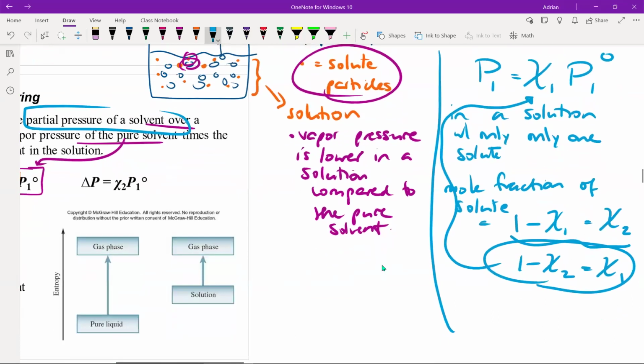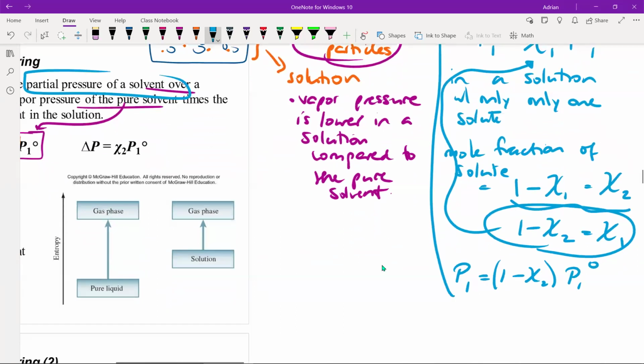So we end up with the partial pressure of the solvent in the solution equal to 1 minus the mole fraction of the solute times the vapor pressure of the pure solvent. Or we can rearrange this.